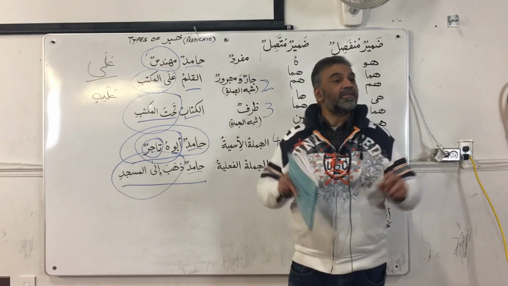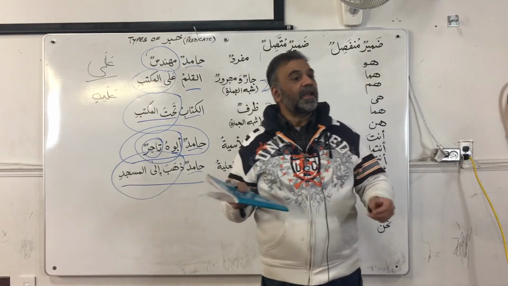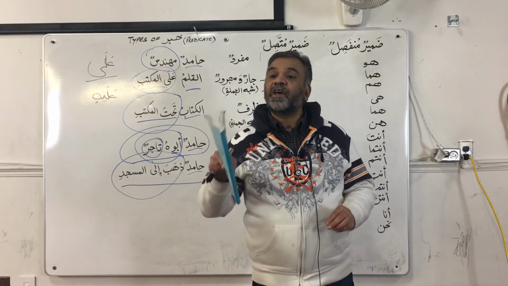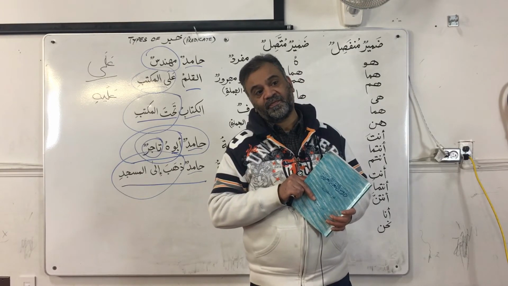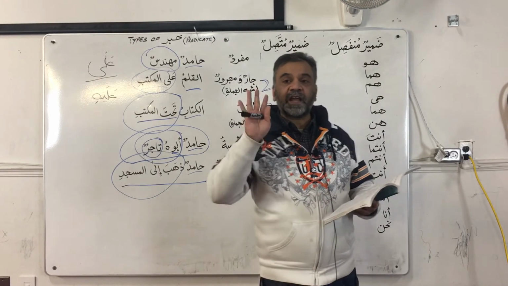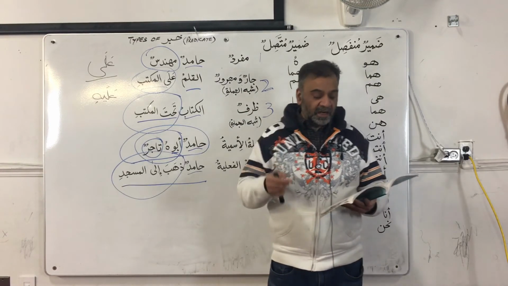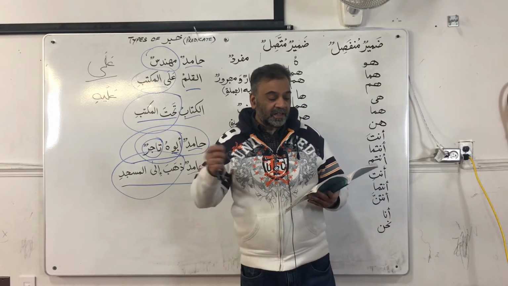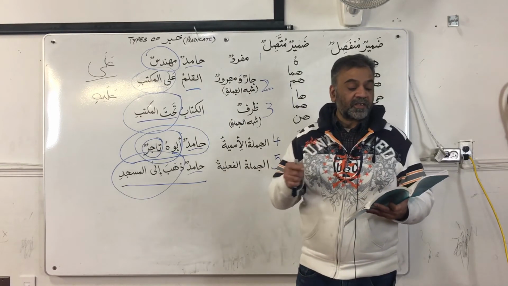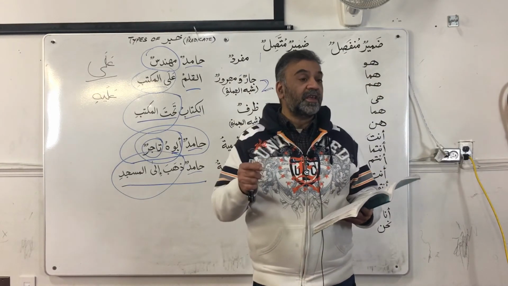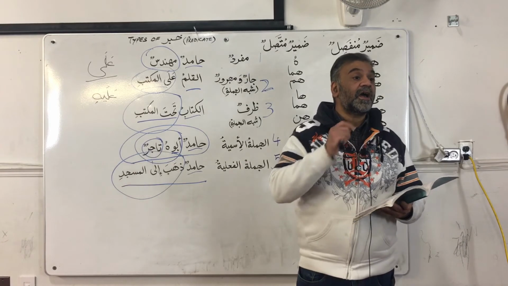So, yadun is hands, they come in pair. If they come in pair, then I would use hazihi. This is a concept that we had learned, but it is just a repetition, reminding ourselves. Hazihi yadi, hazihi yaduka, hazihi yaduhu, hazihi yaduha.